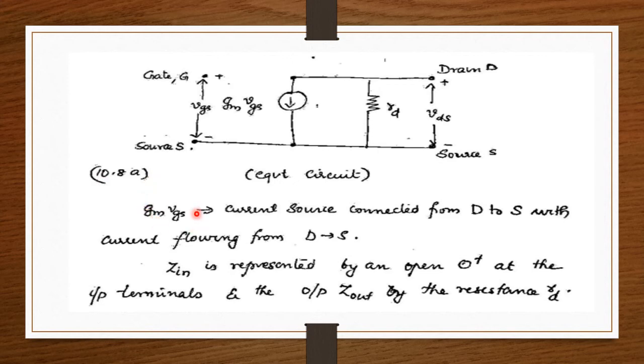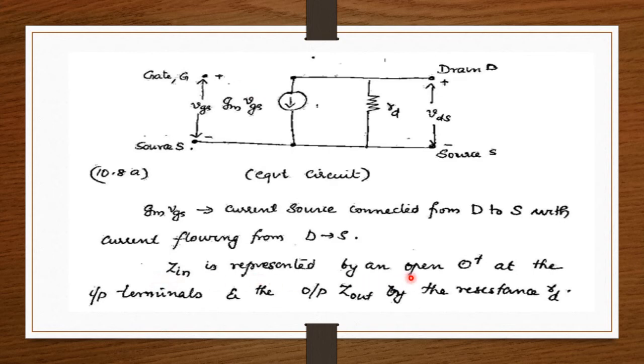So GM into VGS is a current source connected from drain to source with current flowing from D to S. So this portion is taken as open. Why? Because the input side, we know, has an infinite resistance and hence is represented like this.